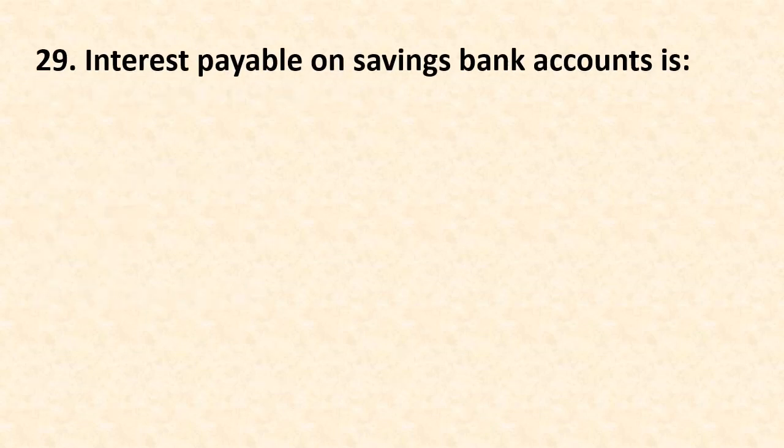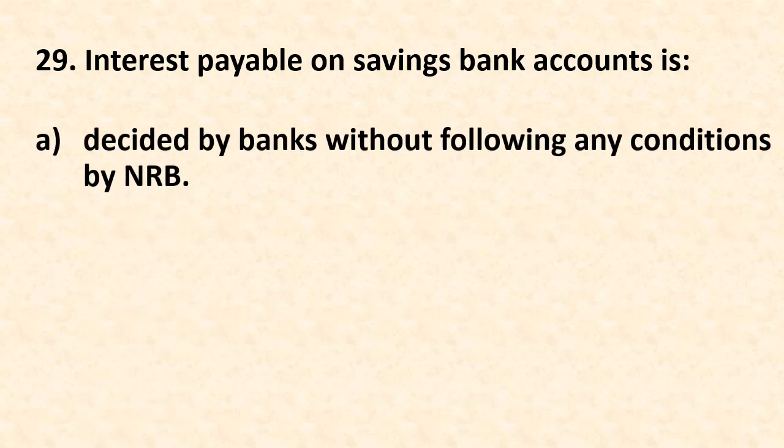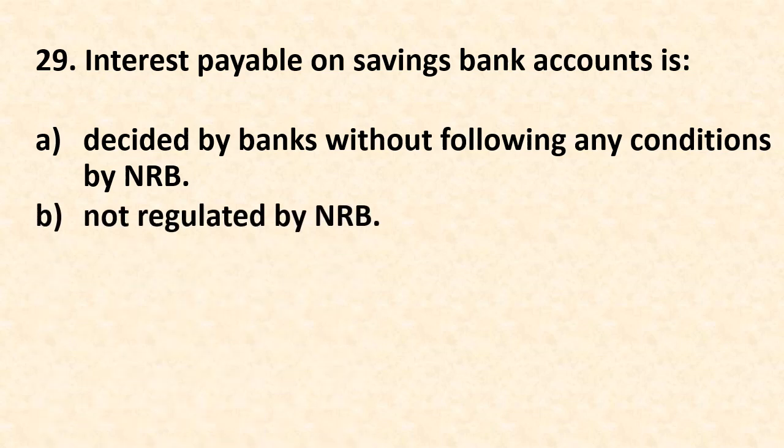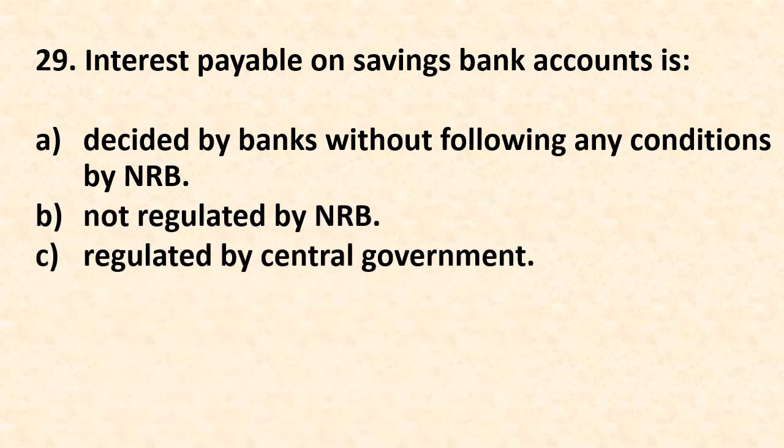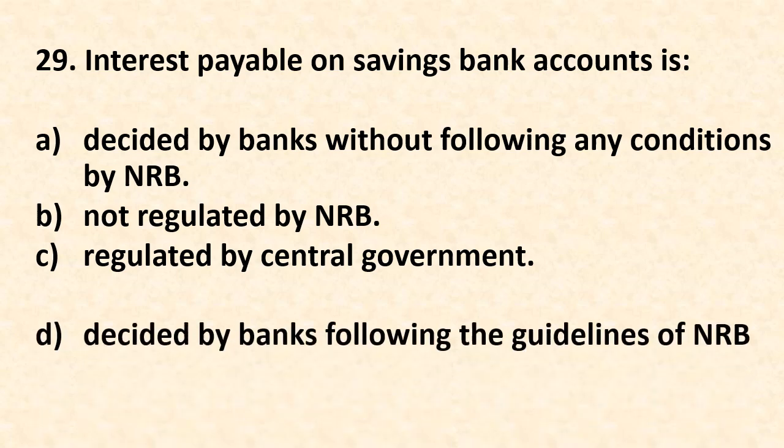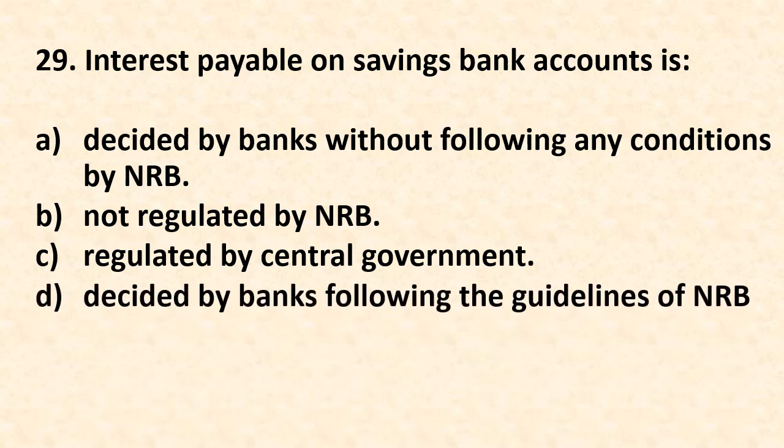Interest payable on savings bank account is, options are decided by banks without following any condition by Nepal Rashtra Bank, not regulated by Nepal Rashtra Bank, regulated by central government, and decided by banks following the guidelines of Nepal Rashtra Bank. The correct answer is option D, decided by banks following the guidelines of Nepal Rashtra Bank.